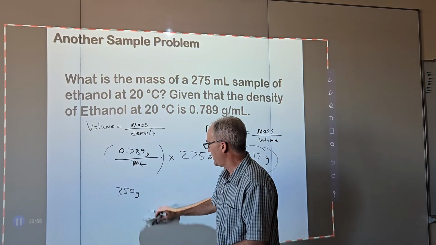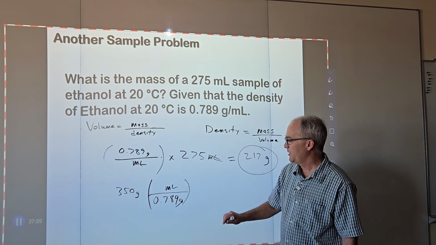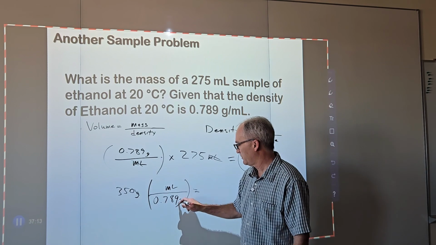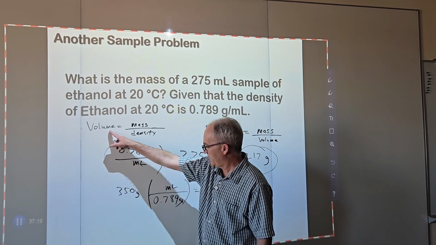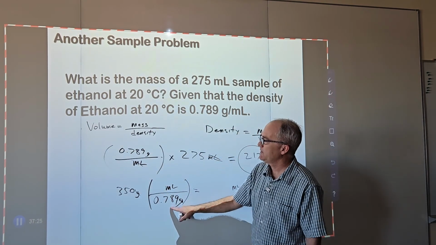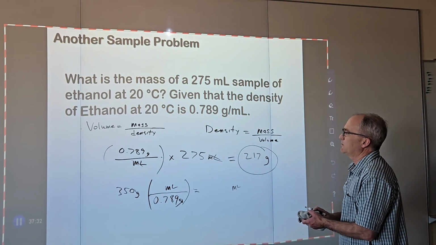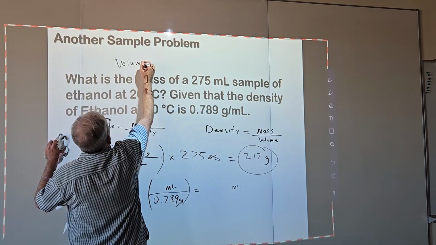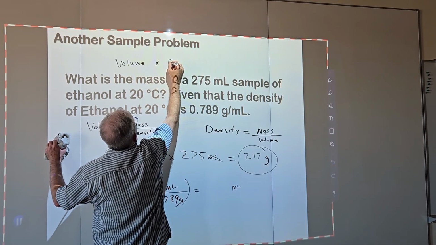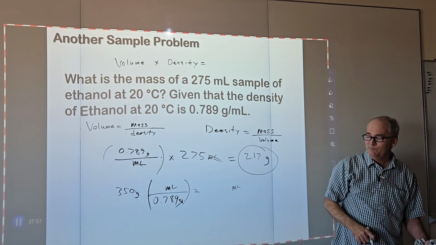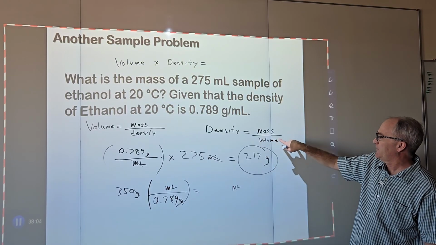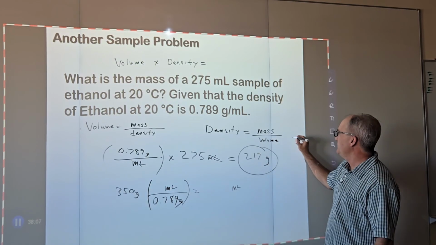Well, I'm gonna multiply by the reciprocal of the horrible looking gram, but it cancels with that gram there, and I'm left with mils. So notice, I got my mass, and I'm dividing by density, and that's gonna equal volume. So let me just ask you a question here. What is volume times density? Yeah, algebraically we can see if I multiply both sides by volume to get rid of it.